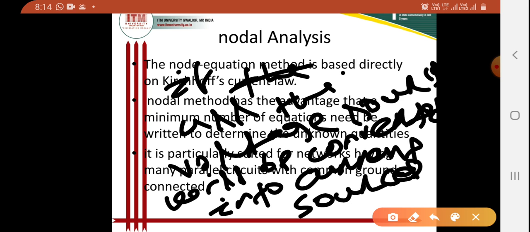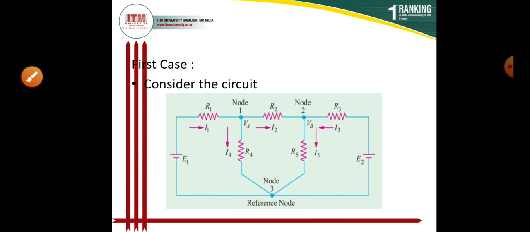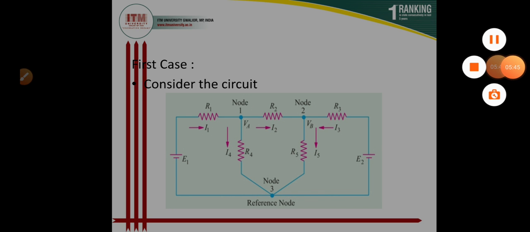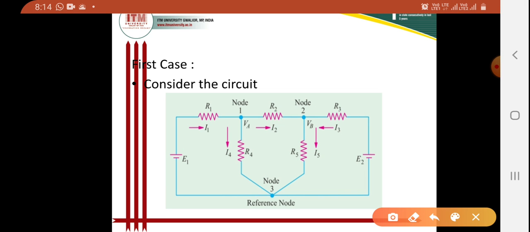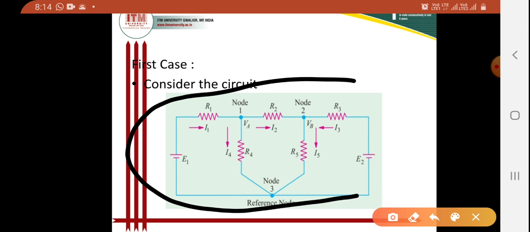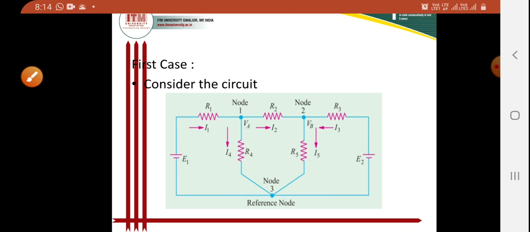I am coming to the first case, and for the first case I am showing you this network, this circuit.